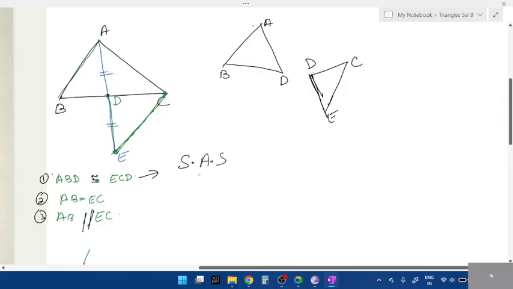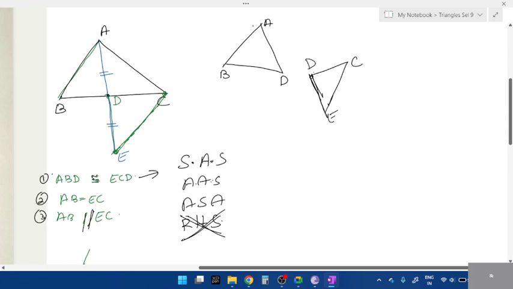Side, angle, side, angle, and what's the last criterion I taught? RHS. Is any right angle given here? Do we have any right angle triangle? Is this possible to solve? No. See, that is eliminated.